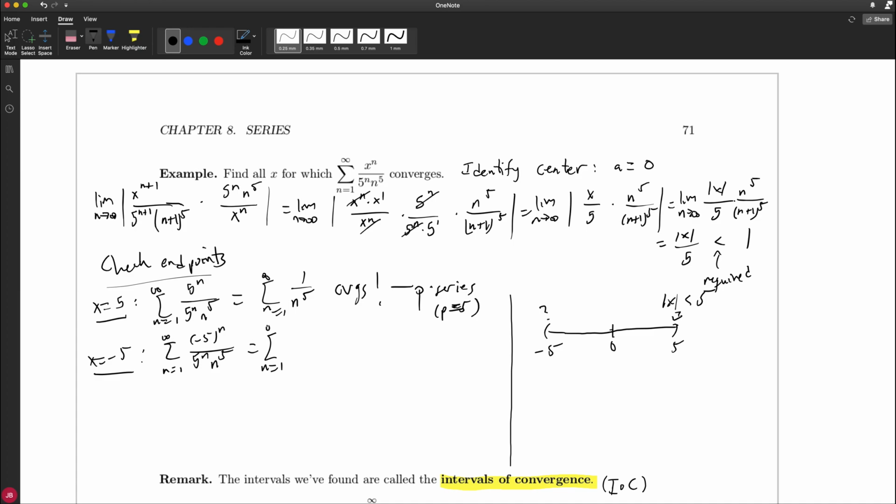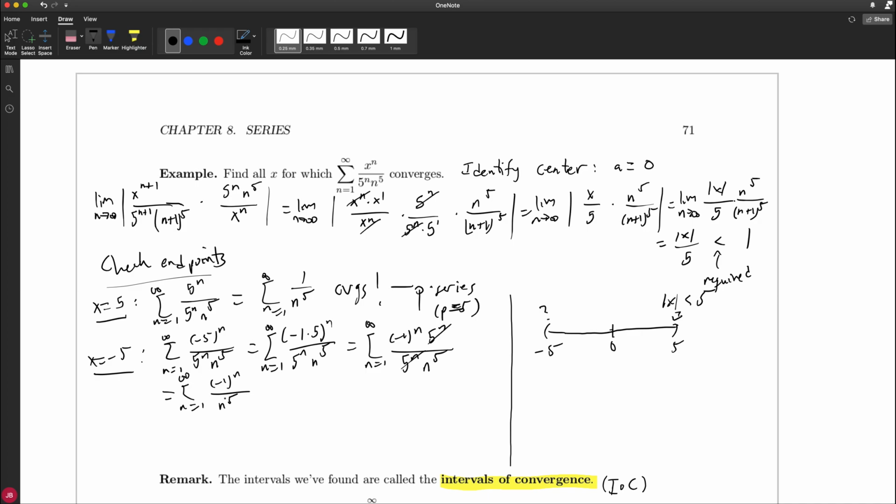So you'll notice that this is minus 1 times 5 all to the n, right? And now using laws of exponents, I can split this as minus 1 to the n times 5 to the n over 5 to the n to the 5th. And now the 5 to the n's cancel. And so this is the sum n equals 1 to infinity of minus 1 to the n over n to the 5th.